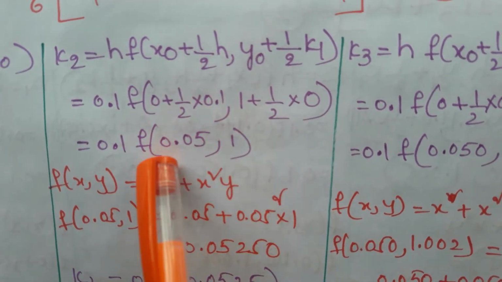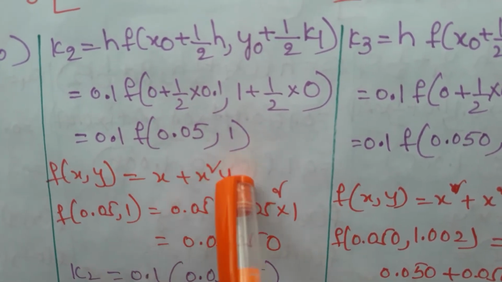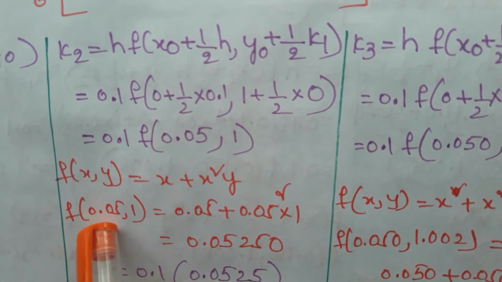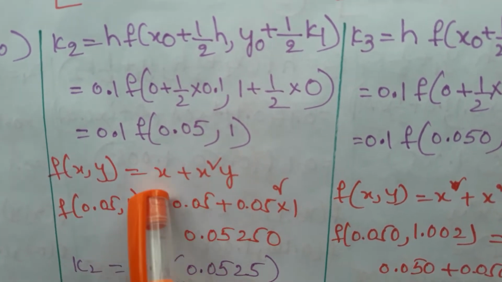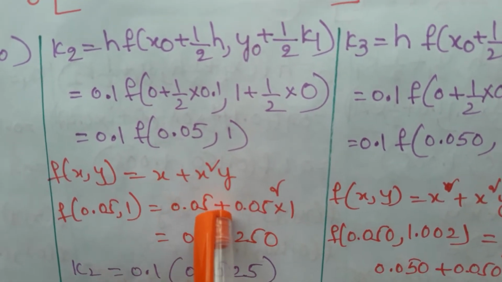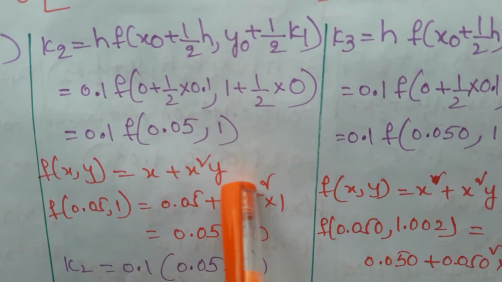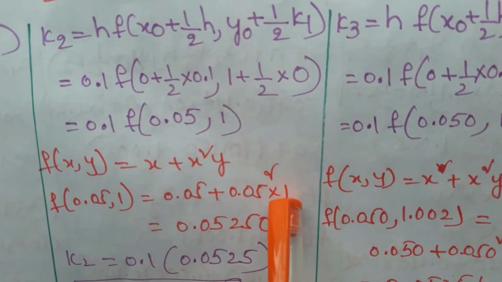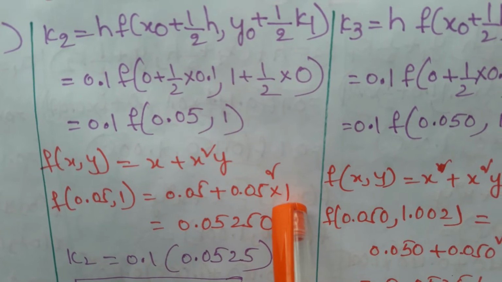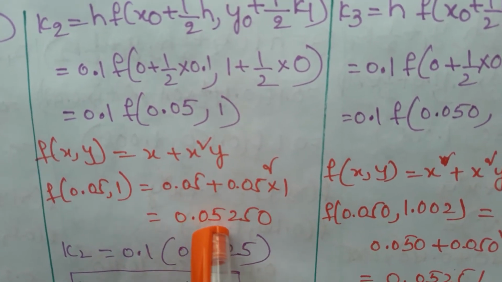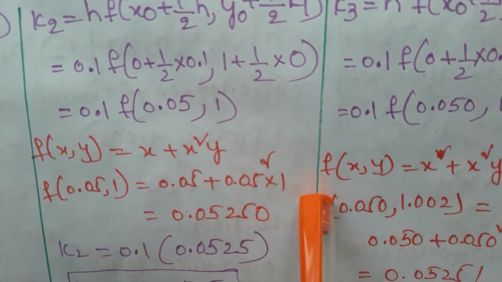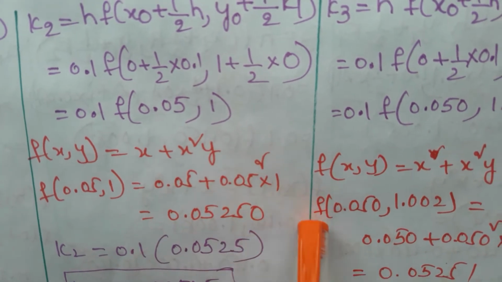This is in the form of f of x comma y, x plus x square y. So f of 0.05 comma 1: in place of x we have 0.05 plus 0.05 square, and in place of y we have 1. So the answer is 0.05250.